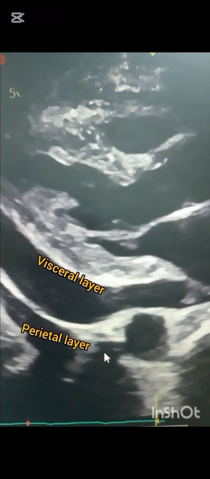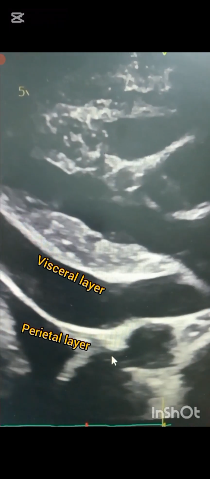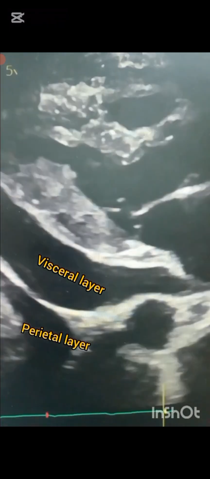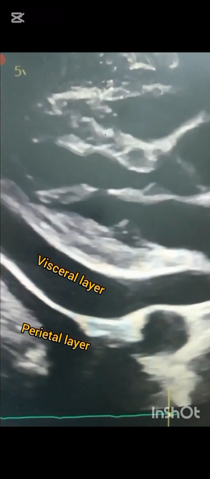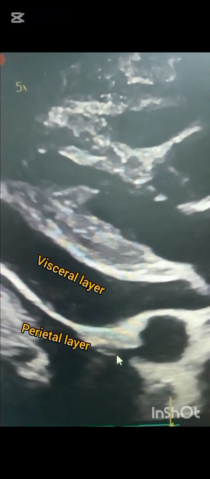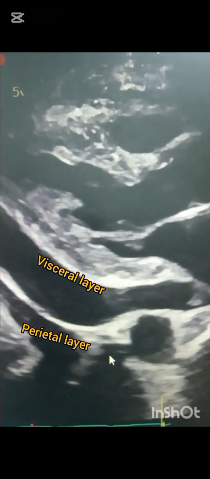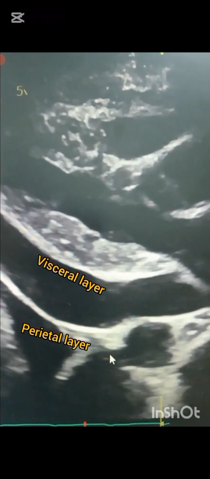The visceral pericardium, as you see in the video, the upper portion, and the parietal pericardium, which is the thicker fibrous sac surrounding the heart, although it is often the parietal pericardium that is typically referred to as the pericardium, as you see is the lower side. In the middle, between the visceral and the parietal layers, there is a pericardial effusion you are seeing.